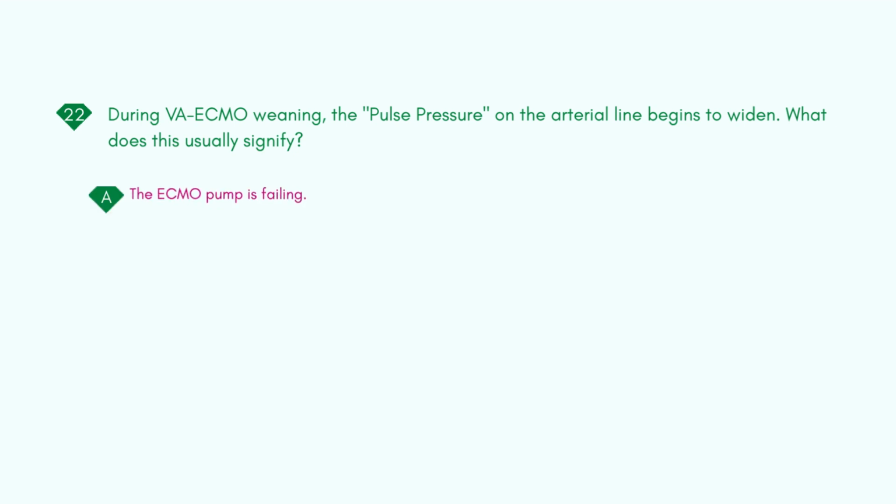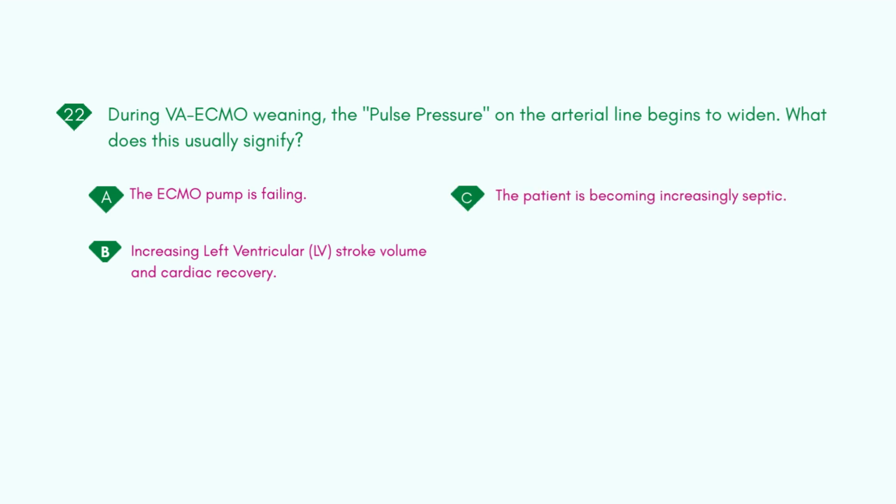During ECMO weaning, the pulse pressure on the arterial line begins to widen. What does this usually signify? A. The ECMO pump is failing. B. Increasing left ventricular, LV, stroke volume and cardiac recovery. C. The patient is becoming increasingly septic. D. Severe aortic regurgitation.